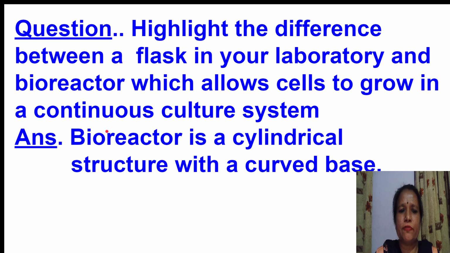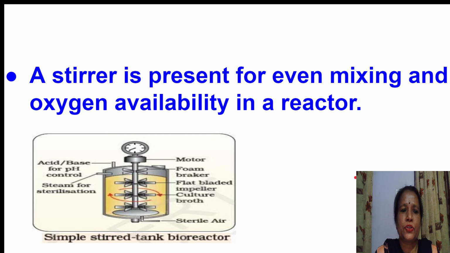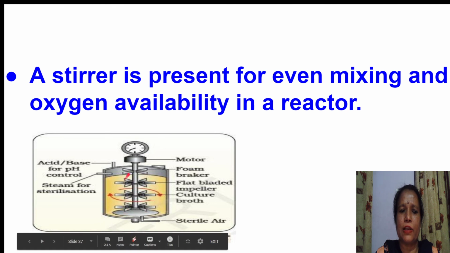So what is the difference between the two? Bioreactor is a cylindrical structure with a curved base. Stirrer is present for even mixing and oxygen availability in a reactor. So this is a stirrer and it helps in mixing and oxygen availability in the reactor. So all the microorganisms, they get proper amount of oxygen.